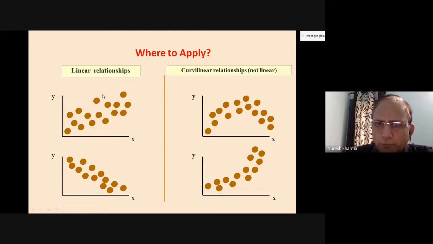So where to compute Karl Pearson's correlation coefficient? If this is the situation, or this is the situation, on the left-hand side of this line, because there is a linear relationship. But look at the other side of the line. You have a curve. Here you have a curve, right? So there is no linear relationship between Y and X.